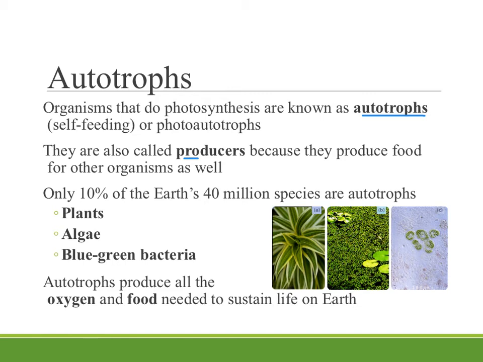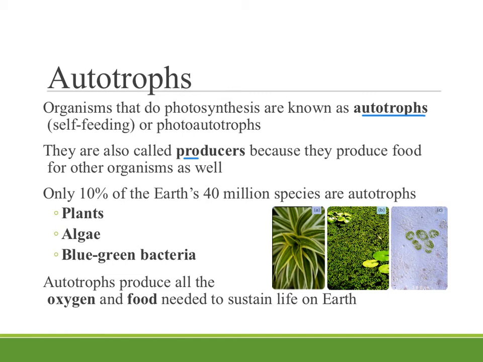Only about 10% of our 40 million species that we have here on Earth are autotrophs, so you can see that they're pretty busy, and they are able to produce lots of food, not only lots of glucose for themselves, because they are able to feed everybody else.